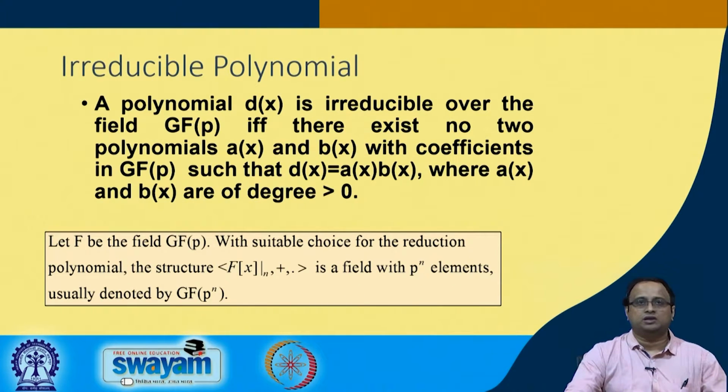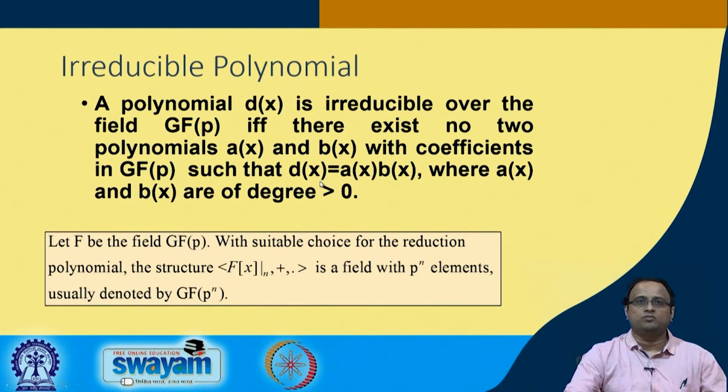So, therefore, the property which the polynomial needs to satisfy is often called the irreducibility property of the polynomial. You can imagine this as an analogy to prime numbers when we deal with numbers.